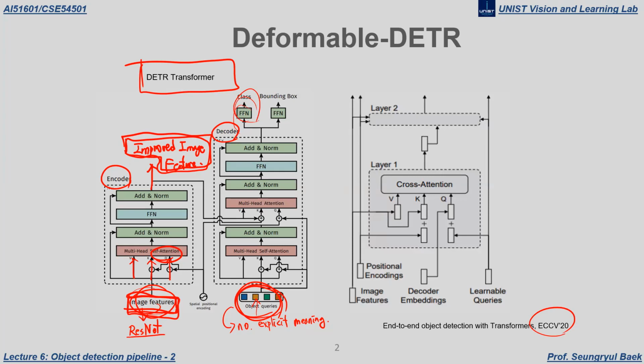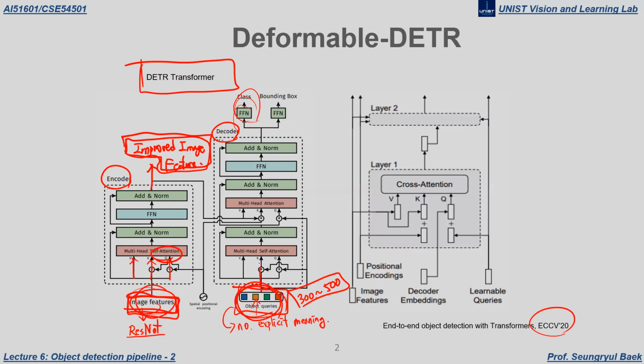But in the image domain, there is no sequential meaning. So we don't have to do that in a sequential manner, like in the NLP domain. We can input like 300 to 500 queries simultaneously to the decoder, okay?